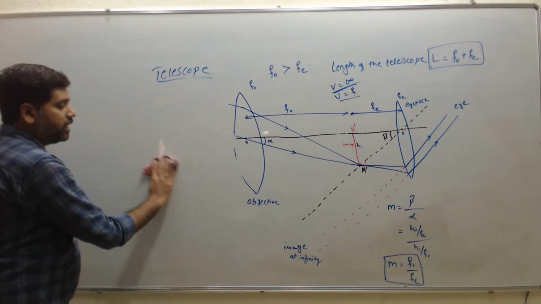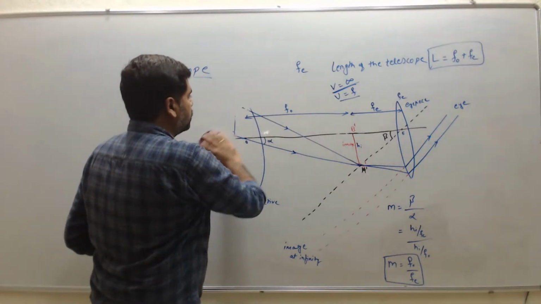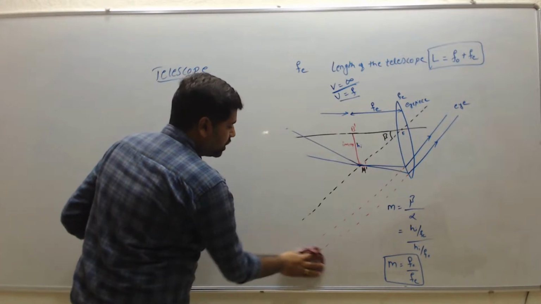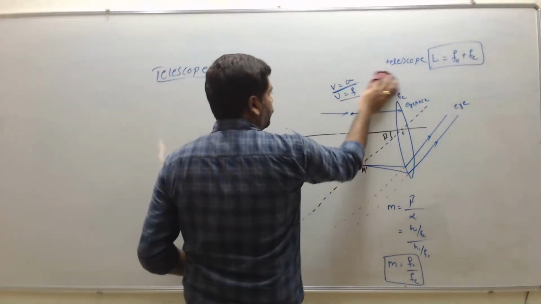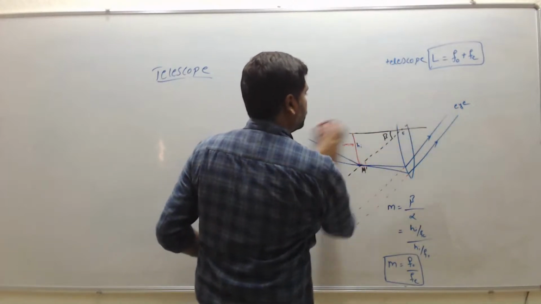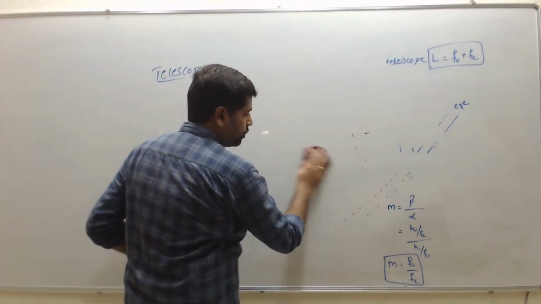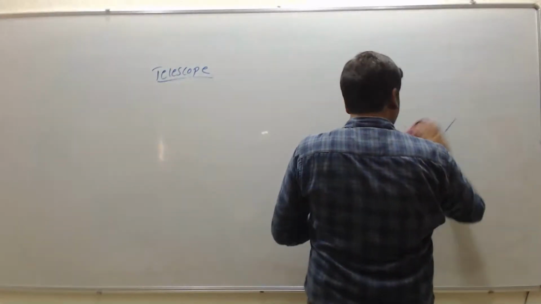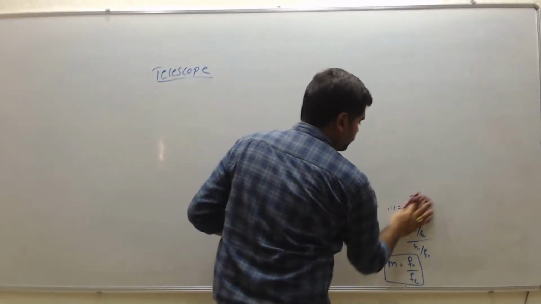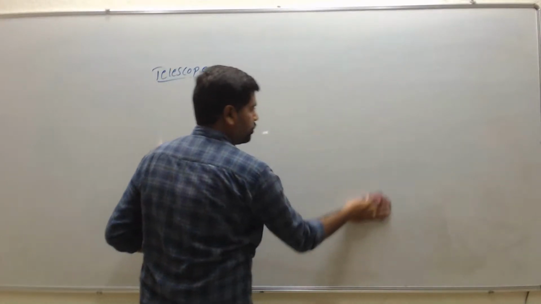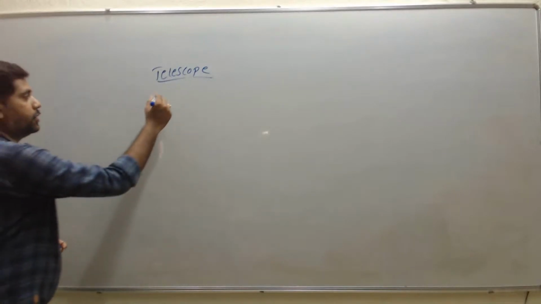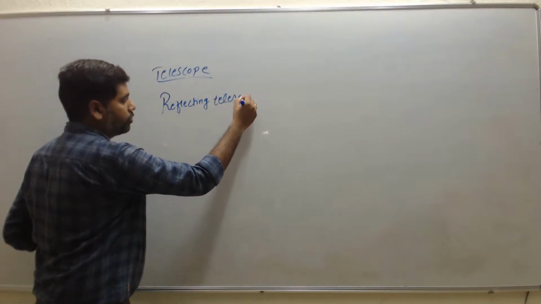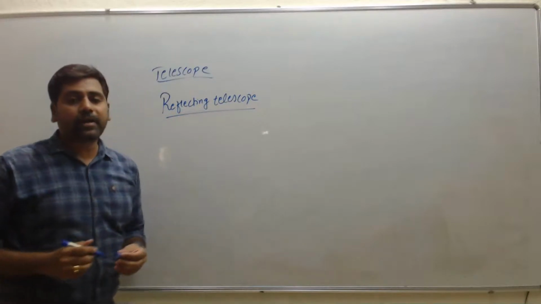So why are we going to use the reflecting telescope instead of the normal telescope, that is, the astronomical telescope or terrestrial telescope?